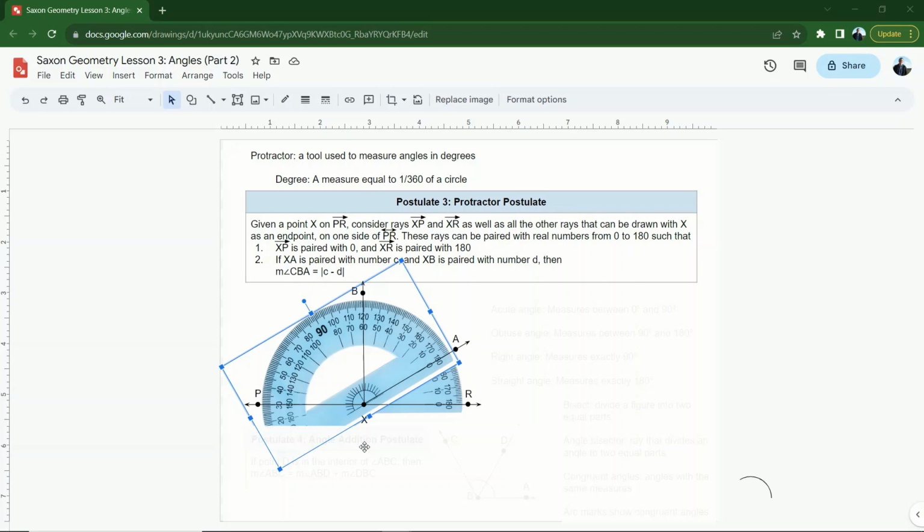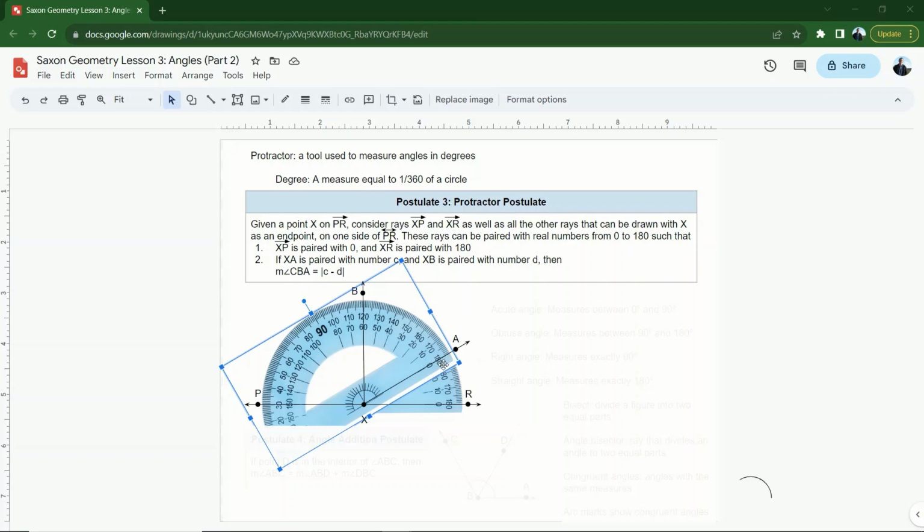Now, notice what we're doing when I use a protractor to measure an angle. I'm always putting this little crisscross of lines at the bottom on the vertex of the angle. It has to be on the vertex of the angle, and then I'm making it so that one of the lines of my angle passes through 0.